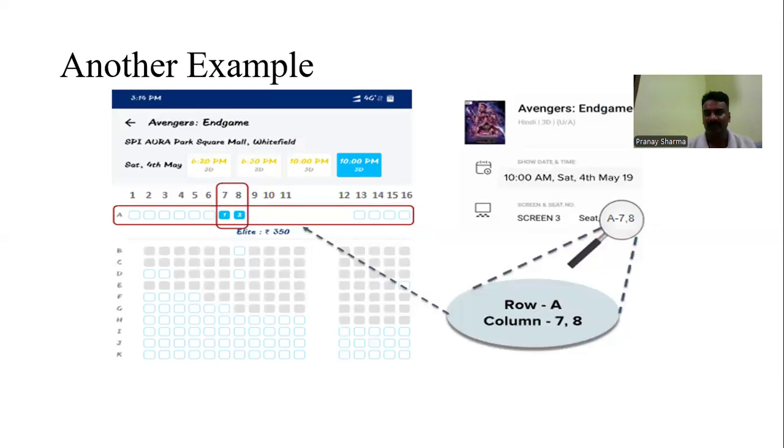Suppose someone is asking you to book, as you can see, the screen is on either side, right? So how should you book the ticket? It is very simple. Once you select your seat, it will give you a seat matrix. It will give you row along with column. So column is 7 and 8 and row will be A. So this is how you book. All right. This again works on the principle of the coordinate system.